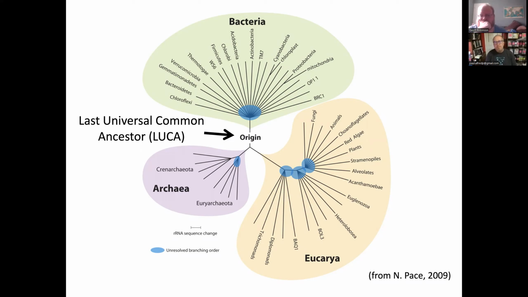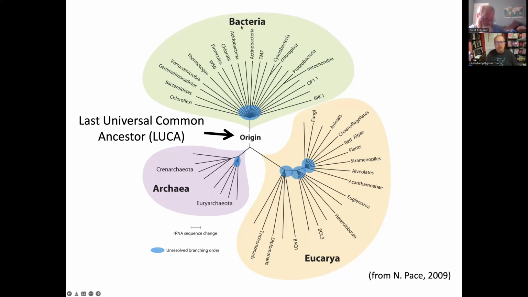So this doesn't look like a tree. This is the work of Norm Pace at Indiana University. But we can imagine it as a tree if we imagine that we're hovering over it in a helicopter, let's say. So this would be a great oak tree with three major branches, which are known today as the domains of life.